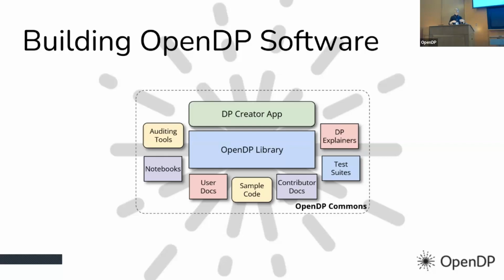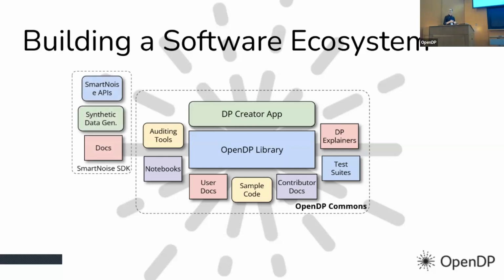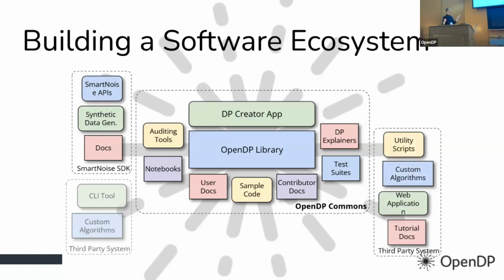That's what we do, but we're also trying to spread things out into the world, and we love to see people building with OpenDP. That's how we form this ecosystem. An example that we mentioned earlier today is the SmartNoise SDK that was made by our friends at Microsoft. That's a toolkit that packages OpenDP and some other things for use in a cloud environment. But we really want to see it out there in the world.